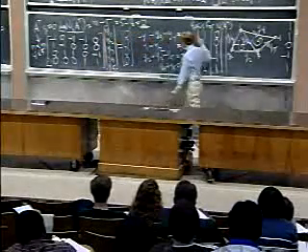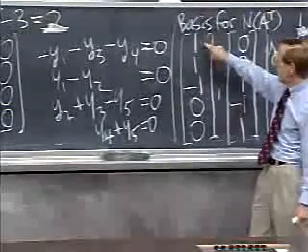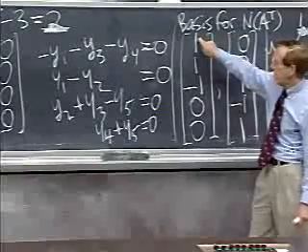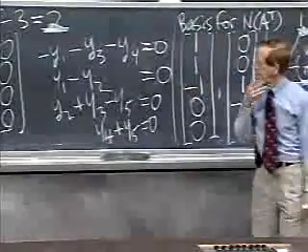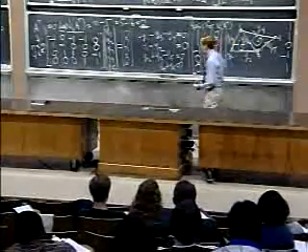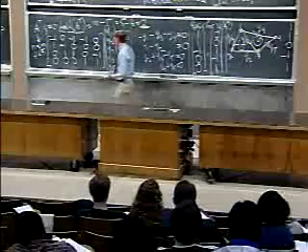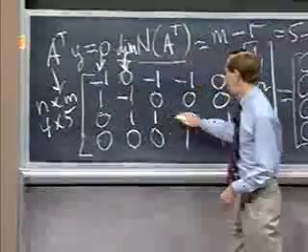In fact, this tells me a relation between them. There's a vector in the null space that says the first column plus the second column equals the third column. They're not independent because they come from a loop. So the pivot columns of this matrix will be the first, the second, not the third, but the fourth.